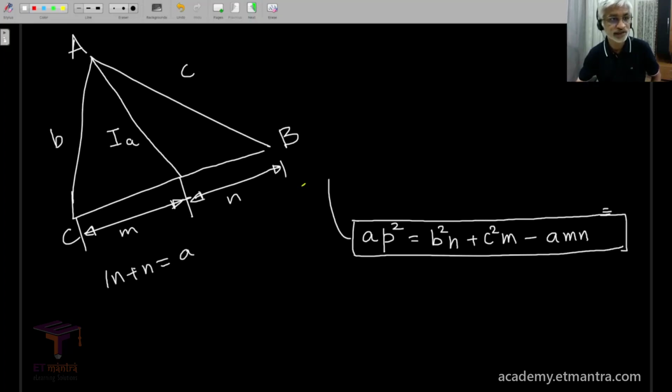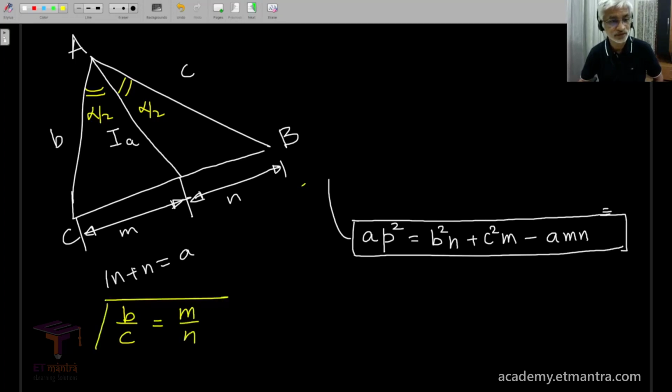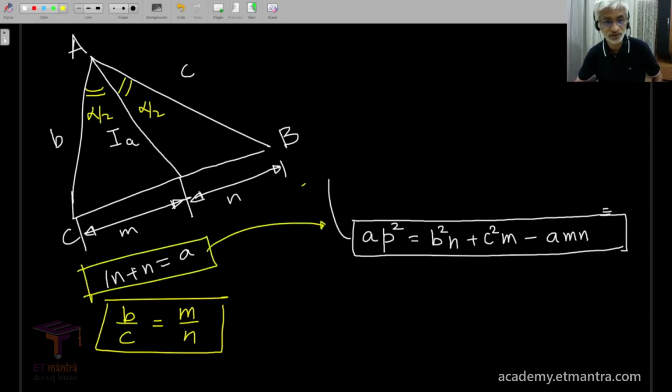Now if you say that these two angles are equal, so let's call them alpha by 2 and alpha by 2, then we have an important relationship for the angle bisector, which is that B by C is equal to M by N. Now you use this along with this into this formula, and you will get the following formula, which is P squared is equal to BC minus MN.